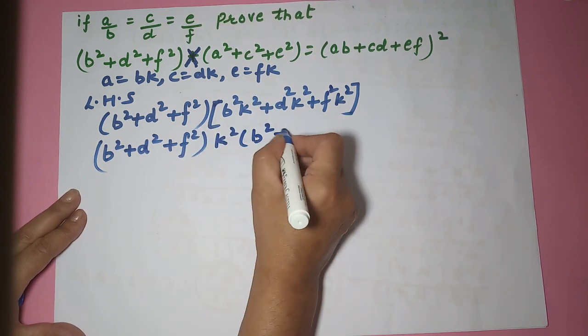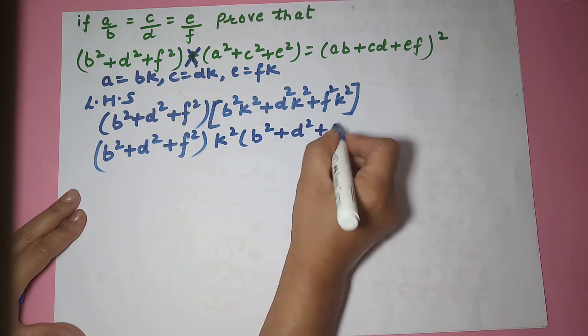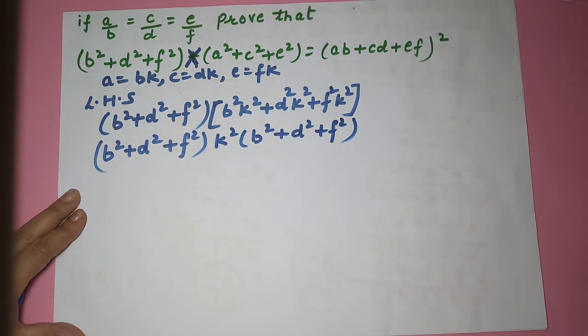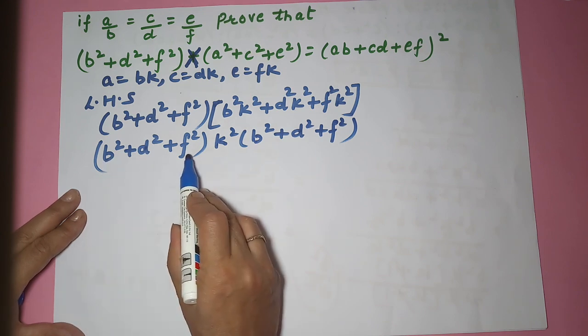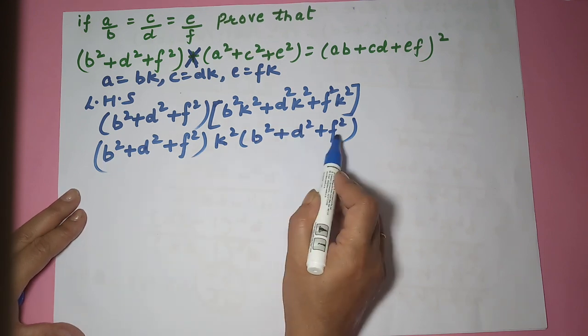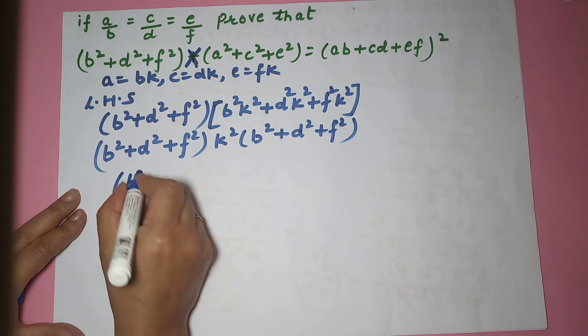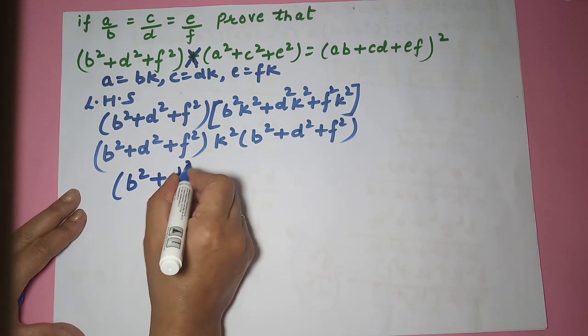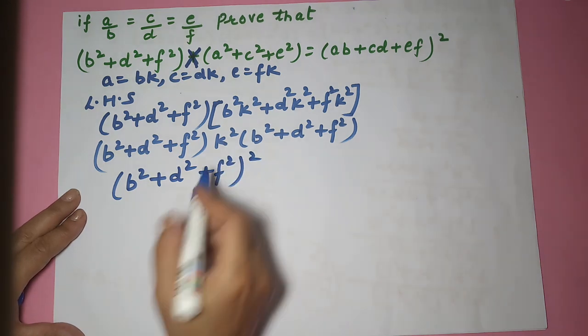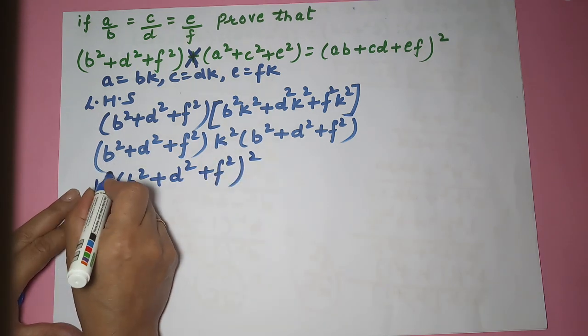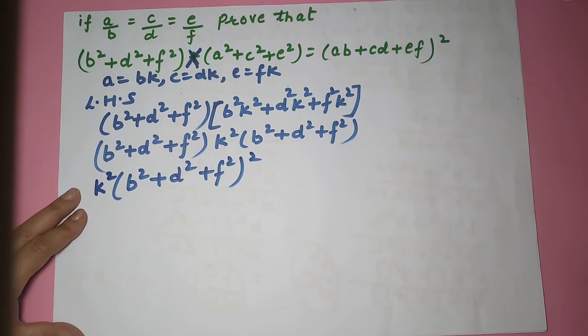I'll get b square plus d square plus f square. Right? Now let me combine these two. B square plus d square plus f square into b square plus d square plus f square is b square plus d square plus f square whole square. Right? And this k square is also there. This is my left hand side now.